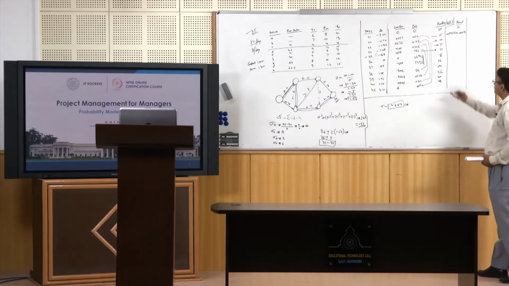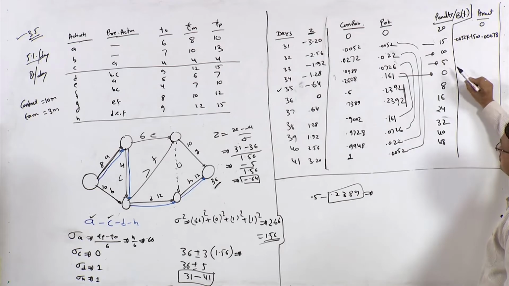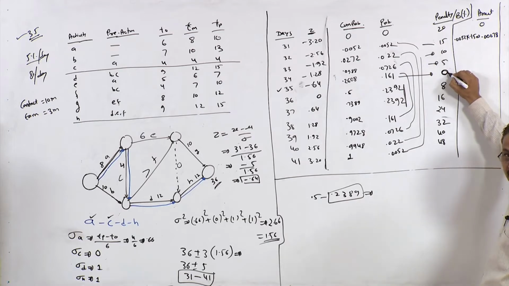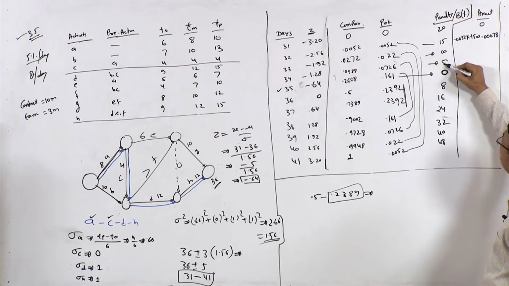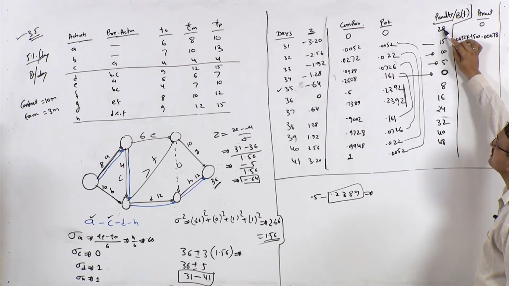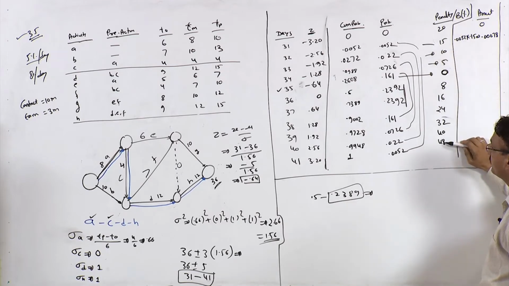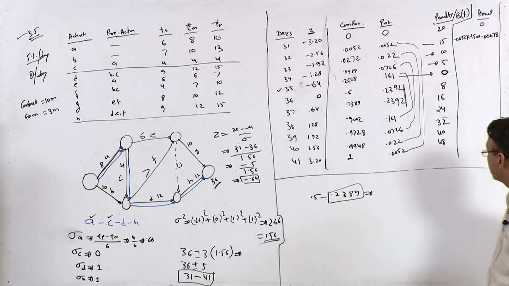And then in this column we have got penalty and bonus, right. So if you deliver project on 35th day, there is no penalty, no bonus. 5% bonus if you deliver it on 34th day, 20% bonus if you deliver on 31st day, 48% penalty if you deliver on 41st day, right.